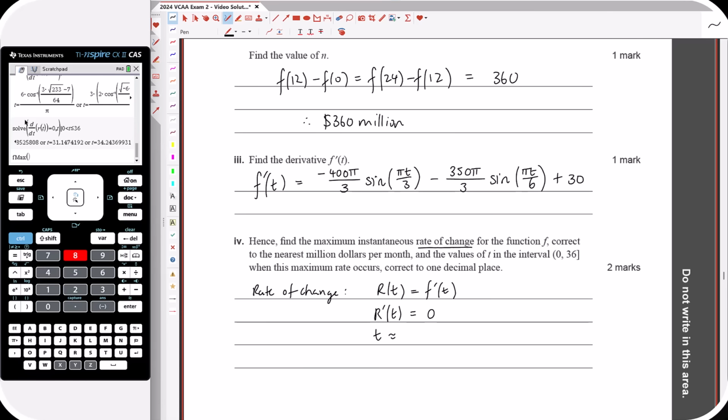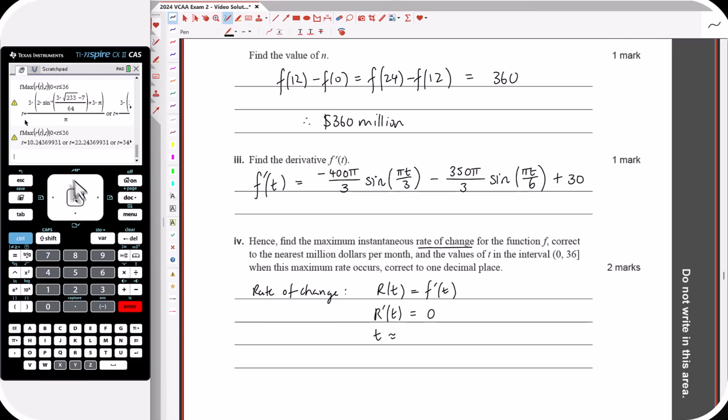So our function max of our rate function, comma t, and then again we want that domain, given that 0, I need to put domains in, it's very fiddly, less than or equal to 36. Control enter. We want our answers to 1 decimal place.